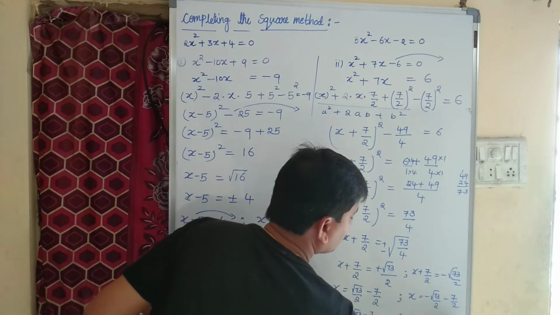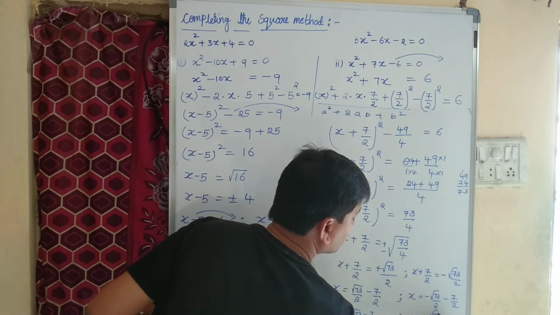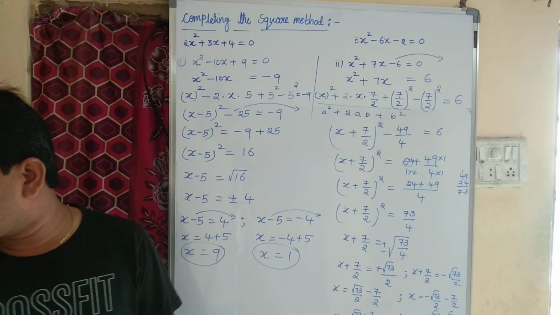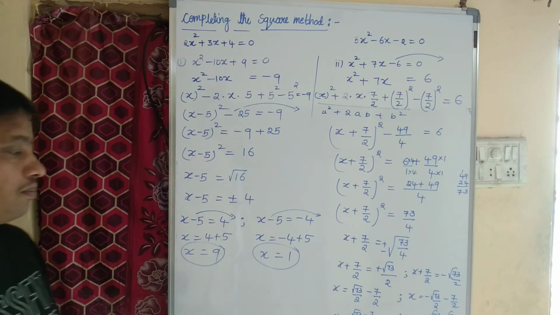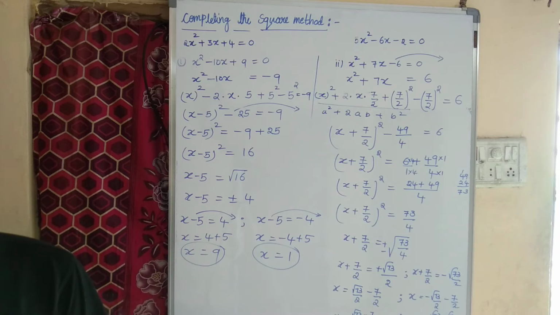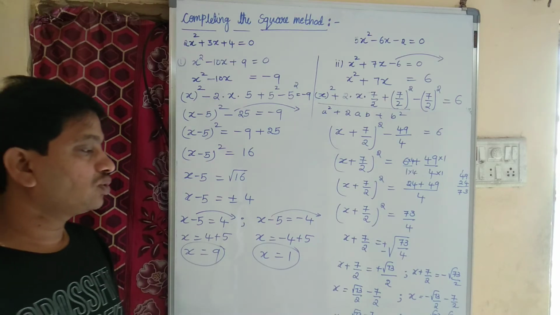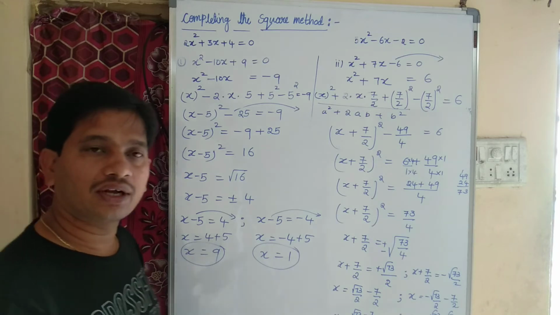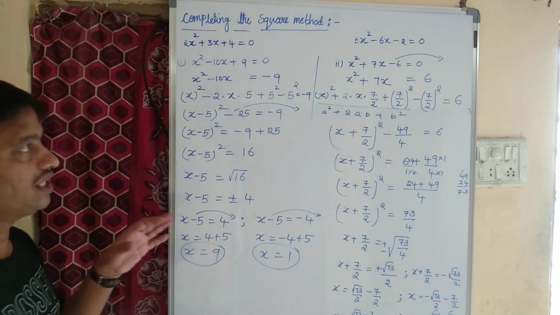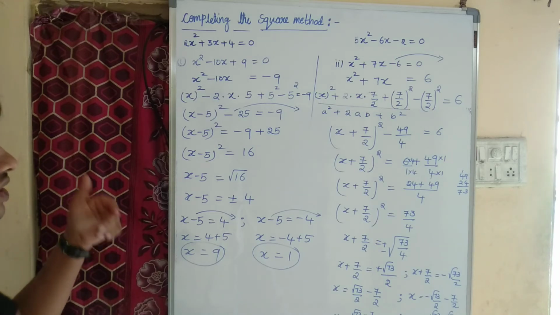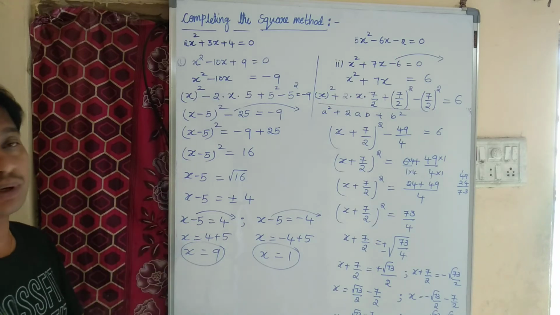Here also, if I take 2 as LCM, minus root 73 minus 7. So what are the two roots of the quadratic equation? One is root 73 minus 7 by 2 and the other one is minus root 73 minus 7 by 2. They are the two roots of the quadratic equation. So in this manner we need to solve the quadratic equation by using the completing the square method. Okay, this is one method problem, children.